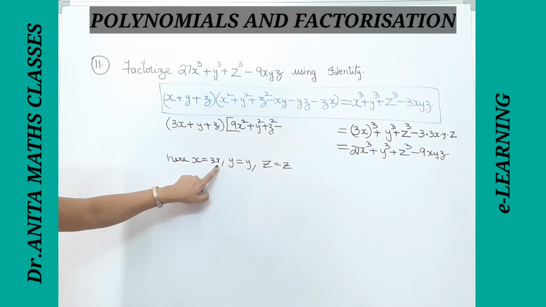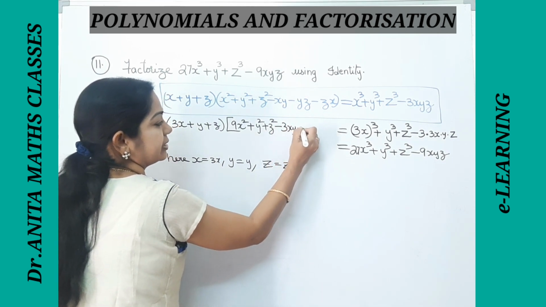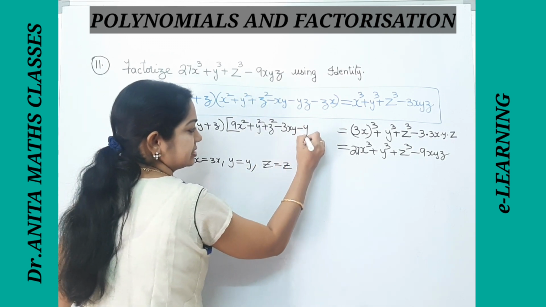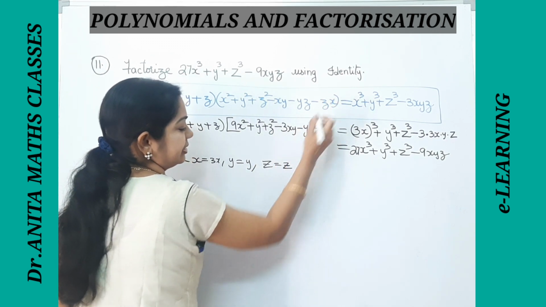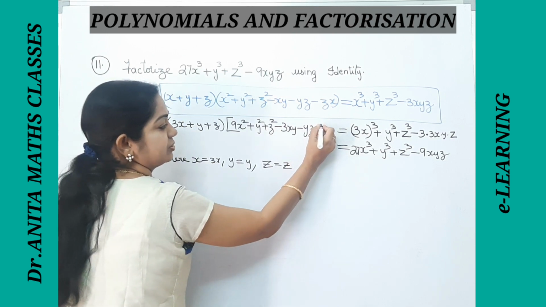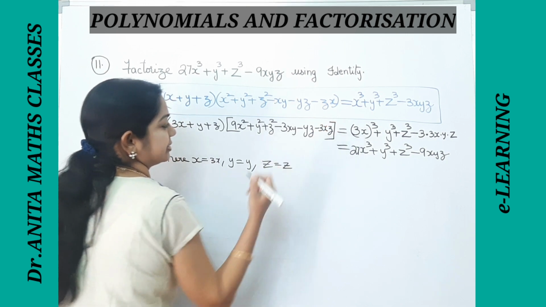So x is 3x into y, so 3xy, minus y into z, so yz as it is, minus z into x, so z into x, so 3x into z, 3xz.